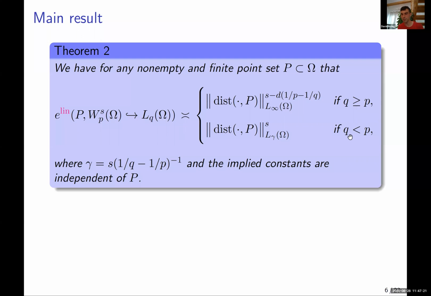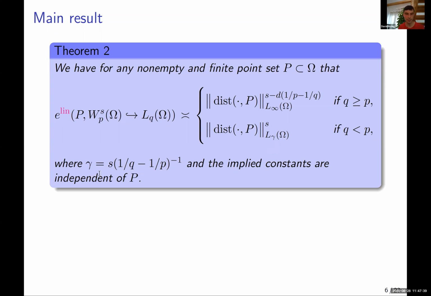But in the case that the integrability in the target space LQ is smaller than P, then actually the covering radius can be replaced by the L gamma norm of the distance function, where gamma looks like this.